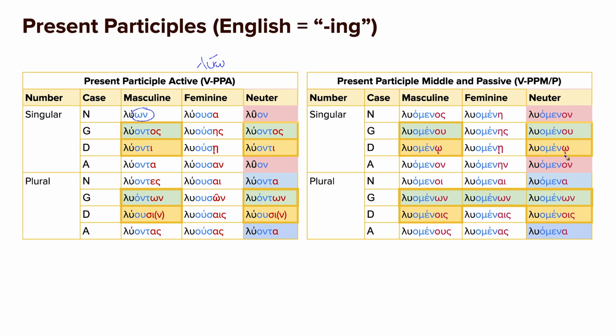And then we have the same neuters, singular nominative and accusative, and plural nominative and accusative. And then the cool thing is here we have the same form for all genders in the genitive plural.